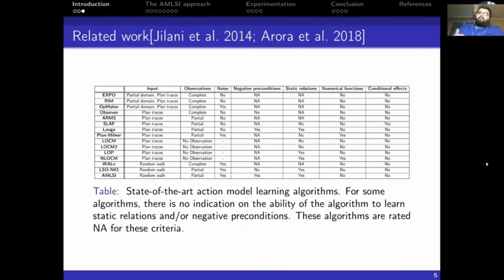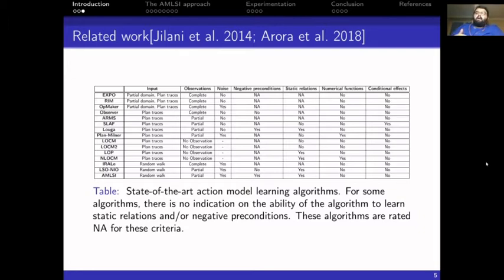To overcome this issue, the planning community developed specific algorithms to generate PDDL domains and avoid PDDL expertise. For example, we can cite ARMS, LOCM, EXPO, etc. Some of these algorithms take as input plan traces, so plans resolving planning problems. But acquiring this kind of training data is difficult and costly for a real-world system.